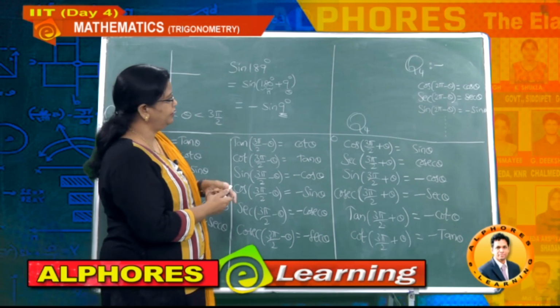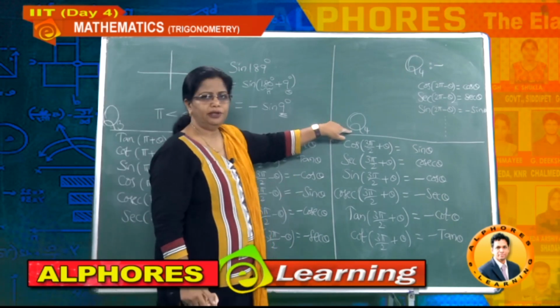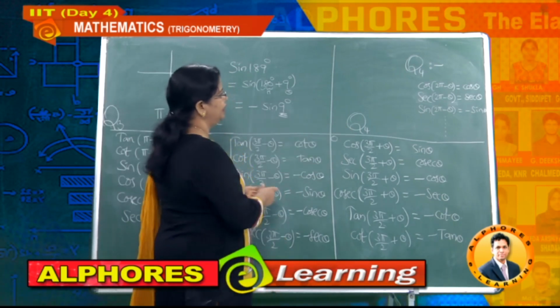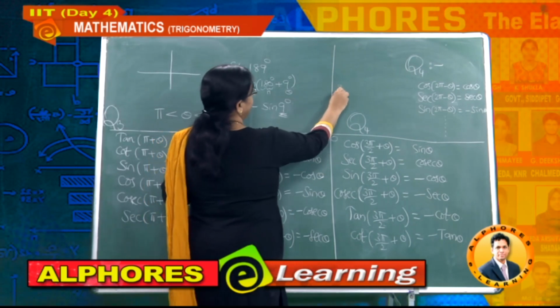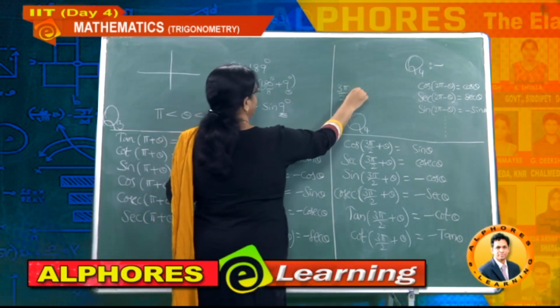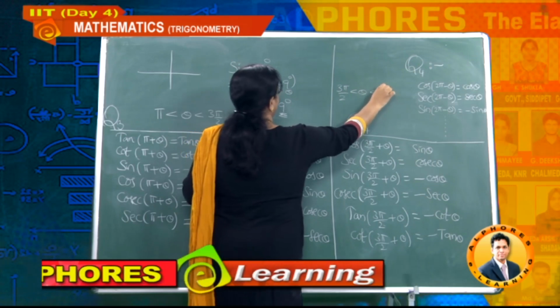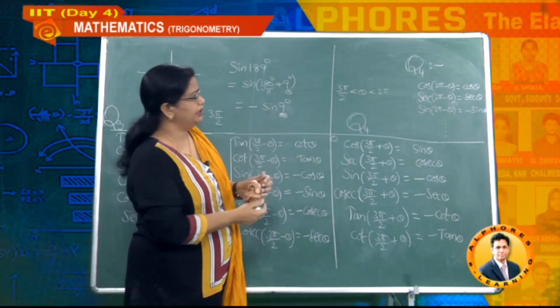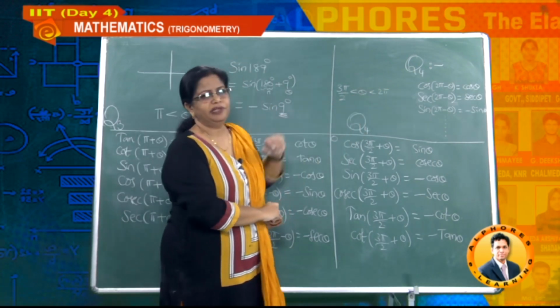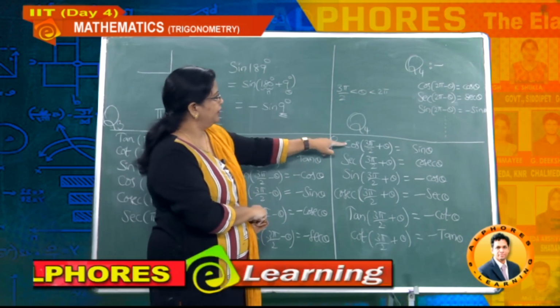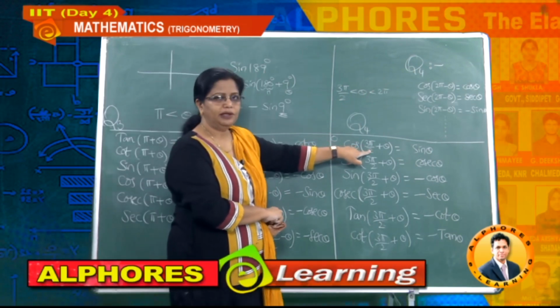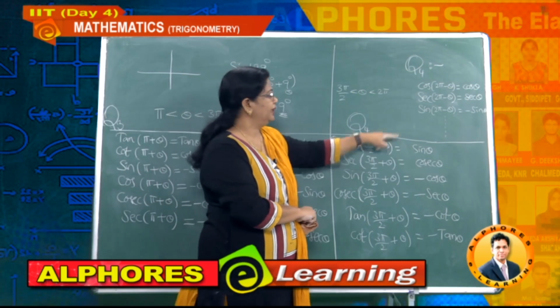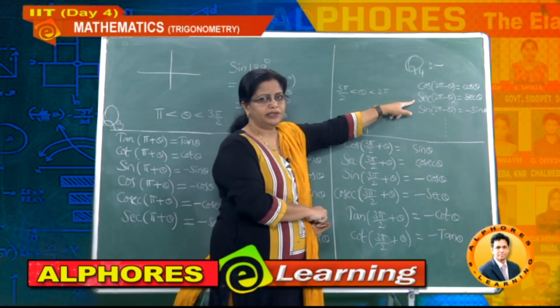Now let us enter into the fourth quadrant. In the fourth quadrant how are the angles? The angles are 3 pi by 2, 270 less than theta less than 2 pi, that is 270 degrees till where they are going? 360 degrees. Now all values I have taken here are more than 270 and less than 360 degrees.